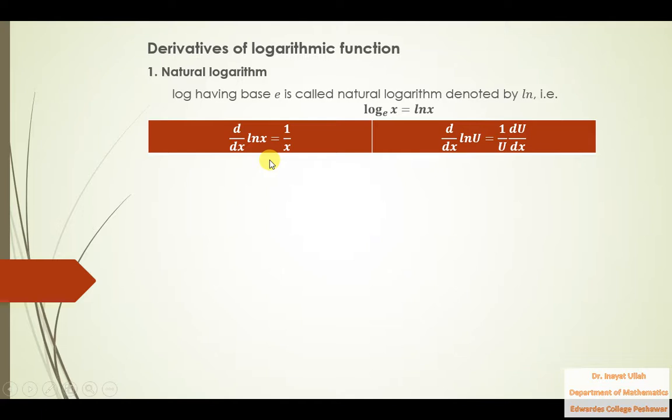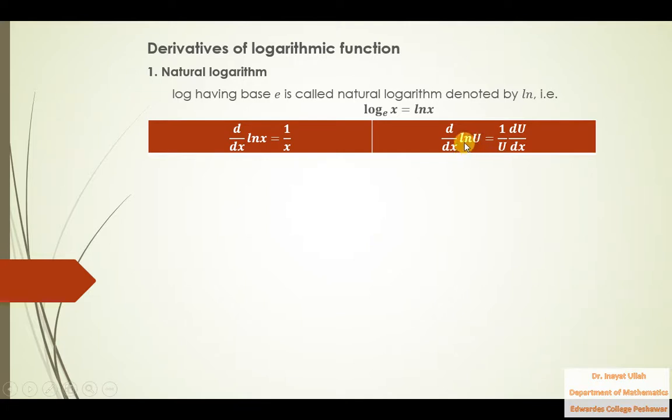And we know from your second year mathematics course that the derivative of natural log of x is 1 by x. If there is only x, follow this formula. If there is u instead of x, where u is a function of x, there are extra terms.